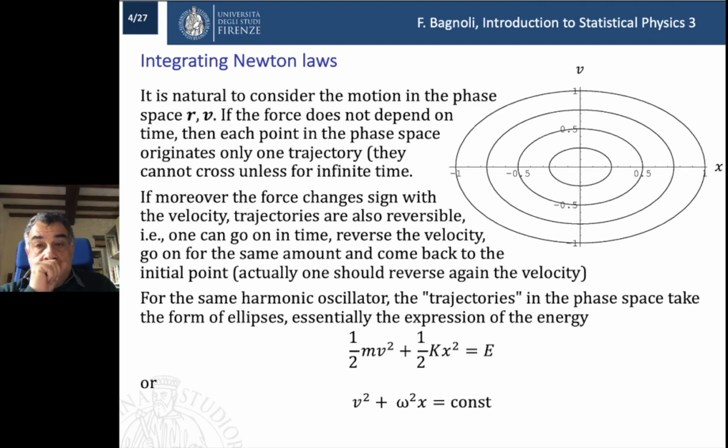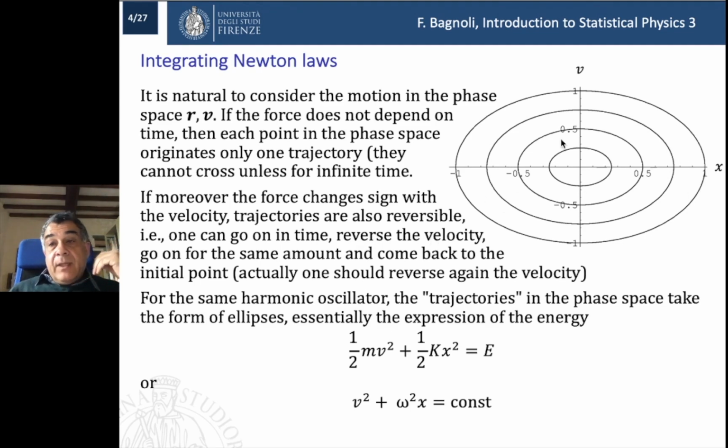Since we are dealing with the system of two equations, it is natural to consider the motion in the phase space RV, that in this case is just a two-dimensional space XV.